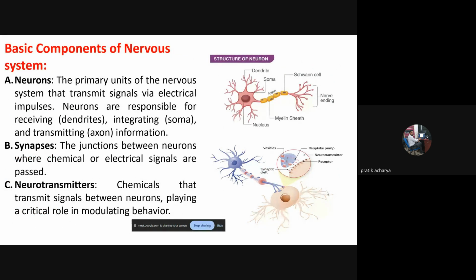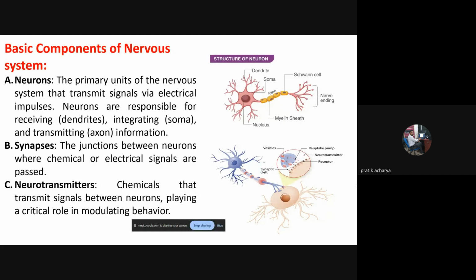So this is the basic structure of a neuron. No need to explain; we all have an idea about this. The neurons have mainly three important parts: dendrites for receiving impulses, the soma or body for communicating the impulses towards the axon region, and the axon for transmitting the impulses to the end of the axon.